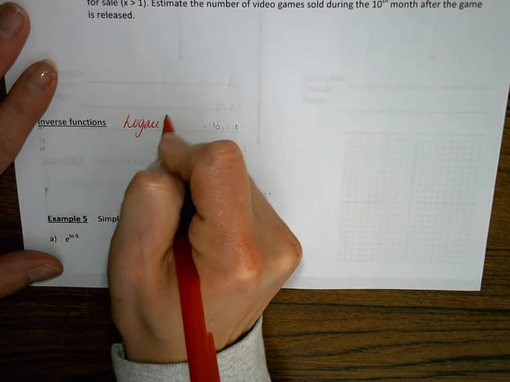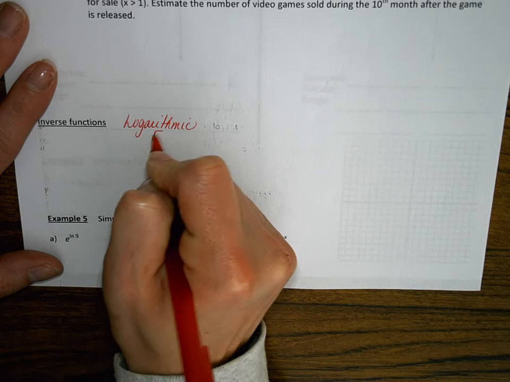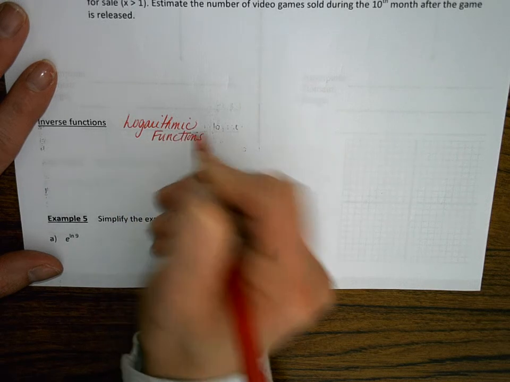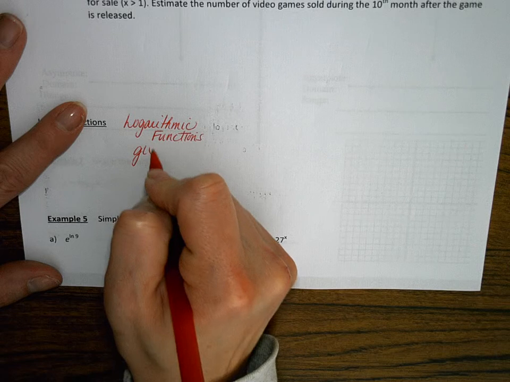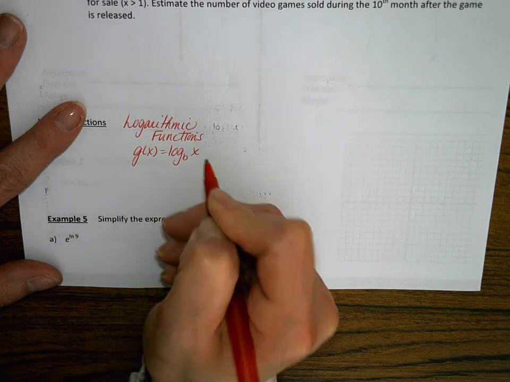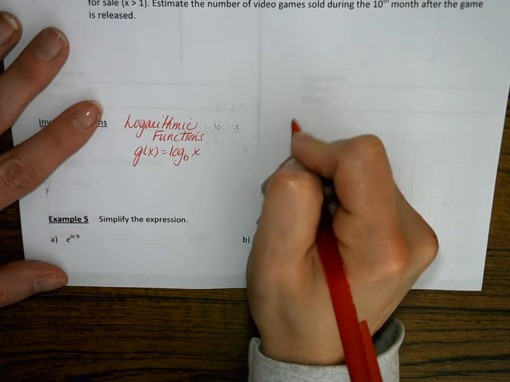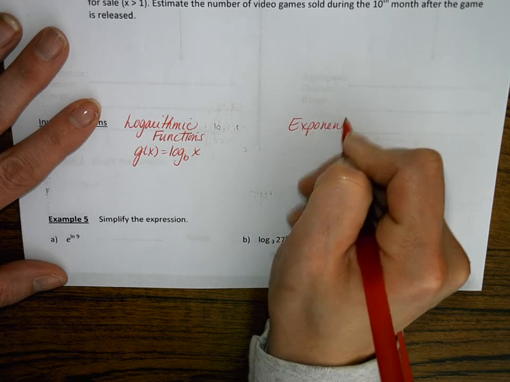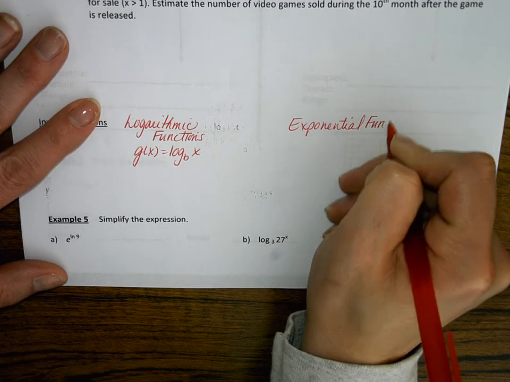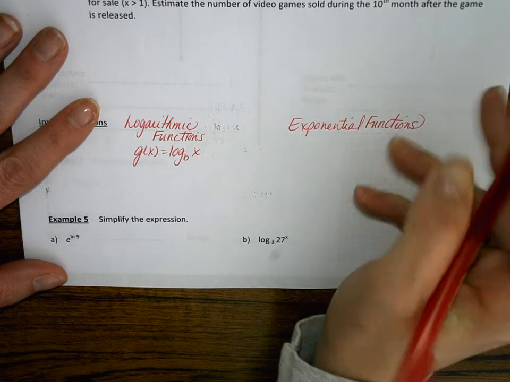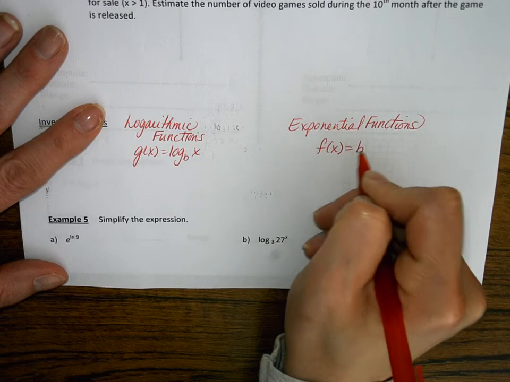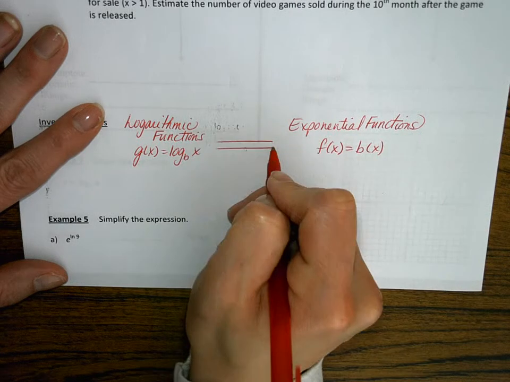Now, the past couple of days, what type of functions have we been working with? Exponential. And where has our x been? In the exponent. Well, if we're talking about inverse functions, logarithmic functions, such as g of x is equal to log base b of x, and exponential functions such as f of x is equal to b to the x, they are inverses.